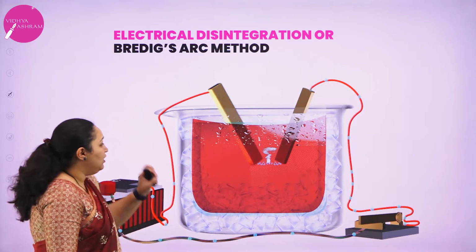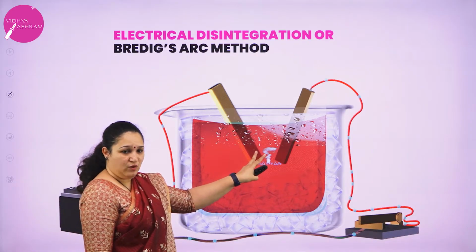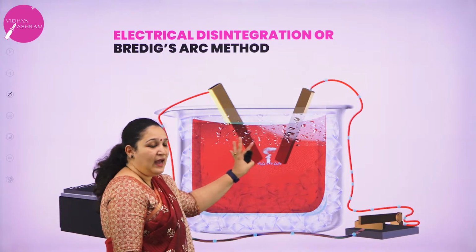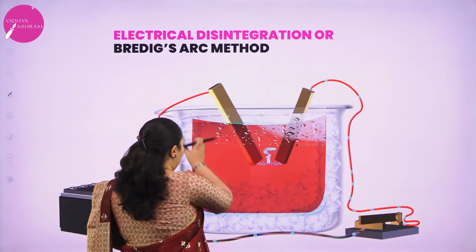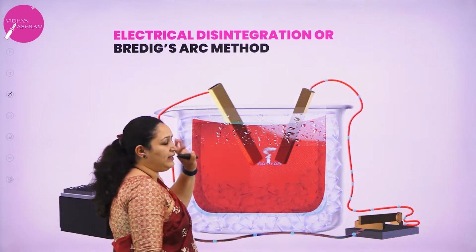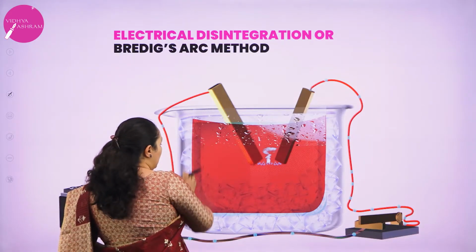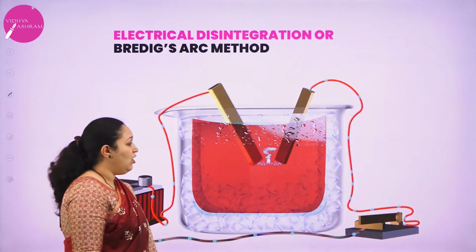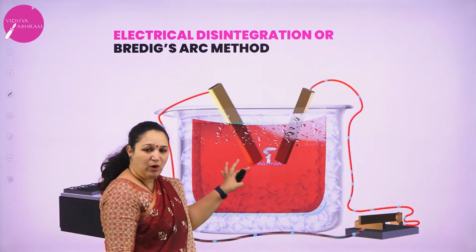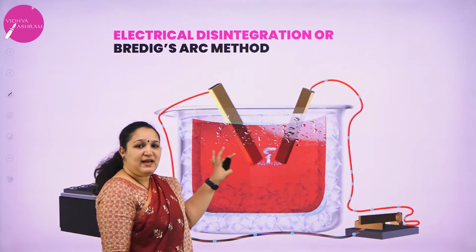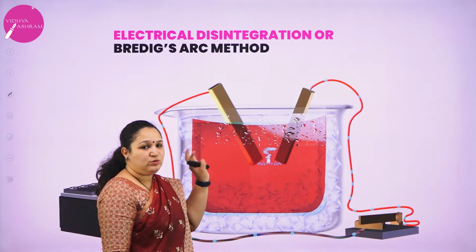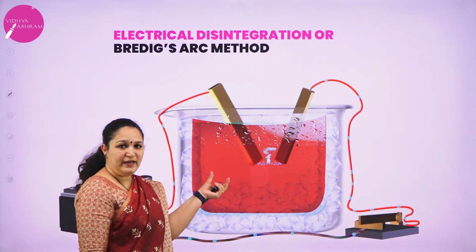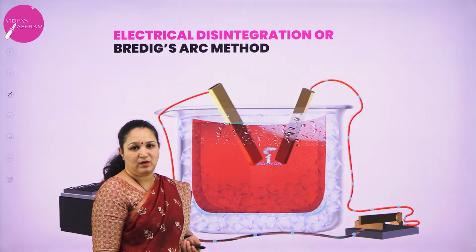We have taken two electrodes immersed in the dispersion medium, and the entire container which contains the dispersion medium and the electrodes is surrounded by a freezing mixture of ice. Also, a small amount of stabilizing agent is added to the dispersion medium, so that when it forms a colloid it will be stable.